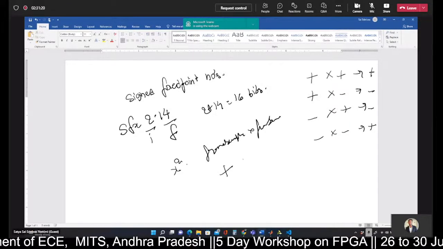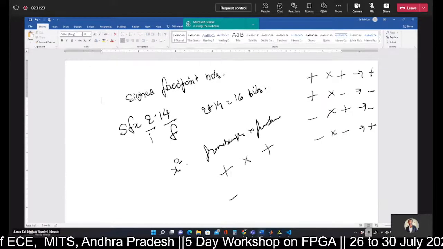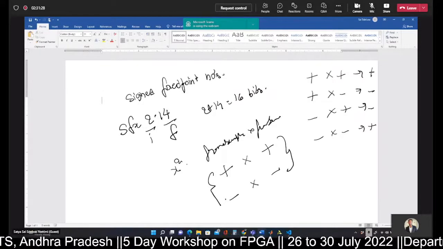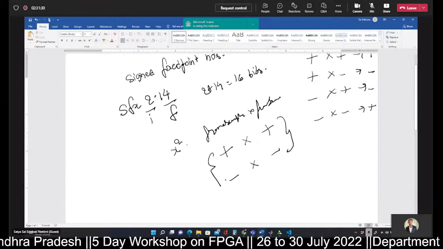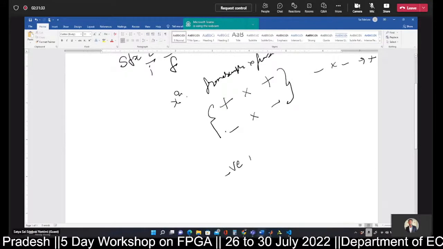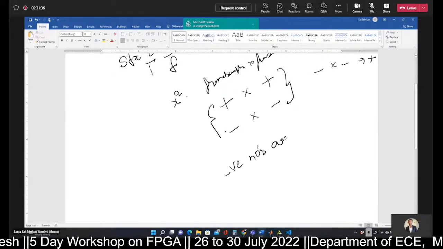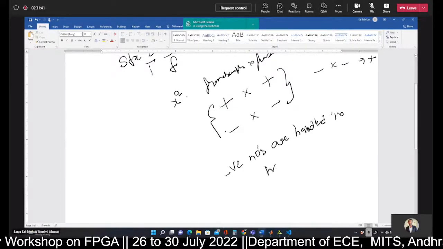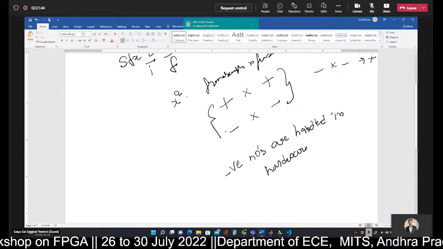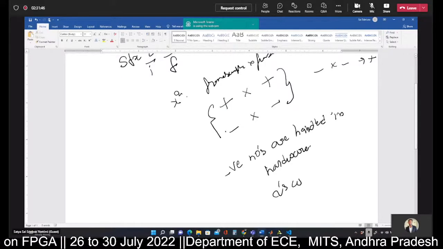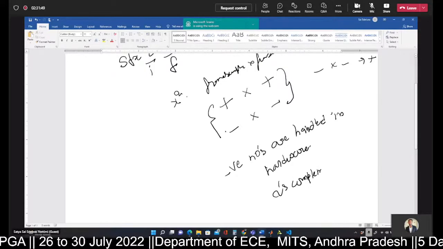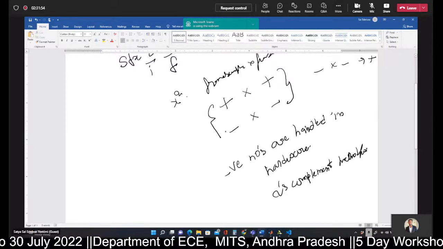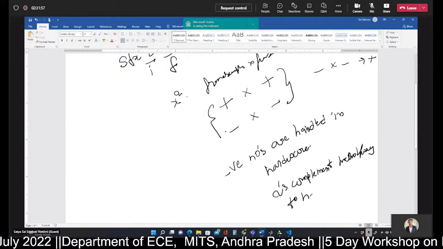So we will encounter either positive into positive or negative into negative. You need to know one more thing: how negative numbers are handled in hardware. We use the 2's complement method to handle negative numbers.